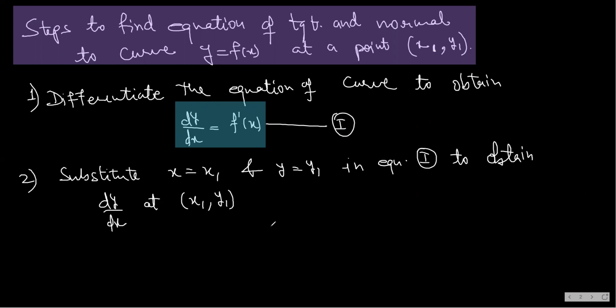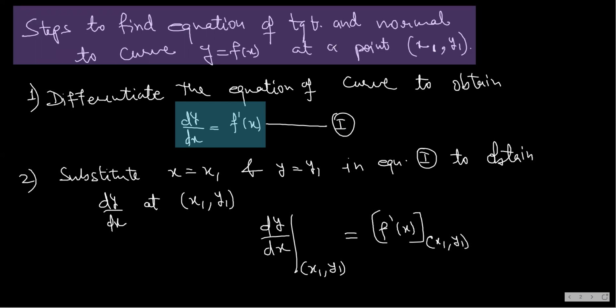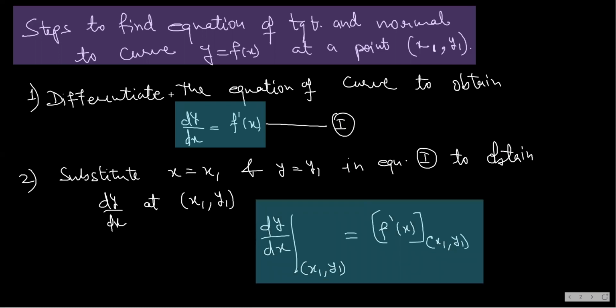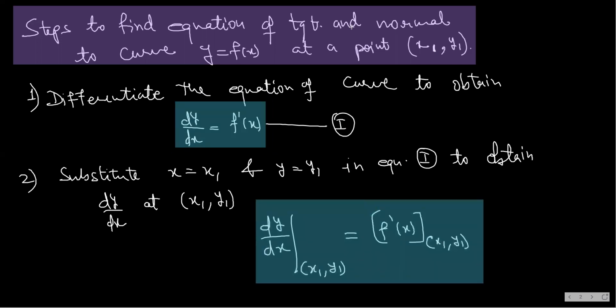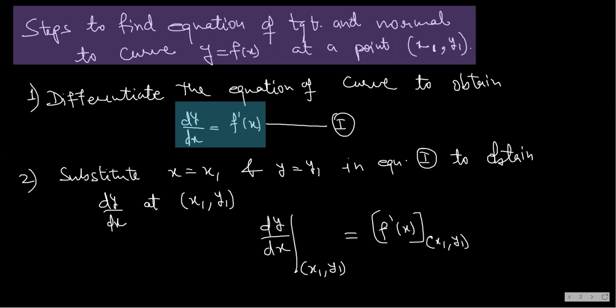See here, dy by dx at x1, y1 will be f dash x at x1, y1. What are you going to do, student, here? Nothing. You will simply put x1 where you have x and y1 where you have y. This is very simple. When we solve the problem, you will understand.